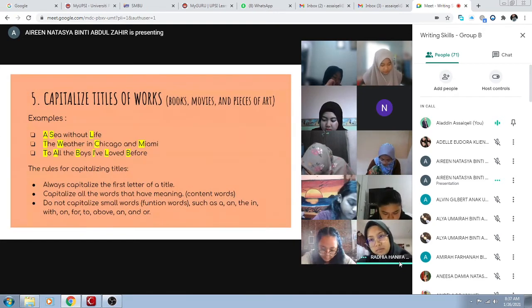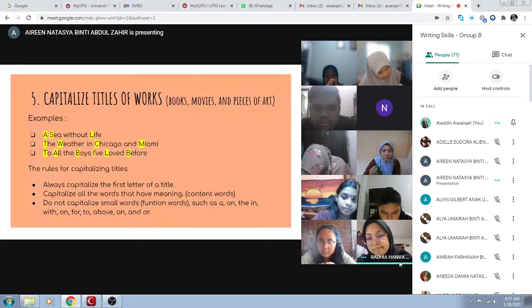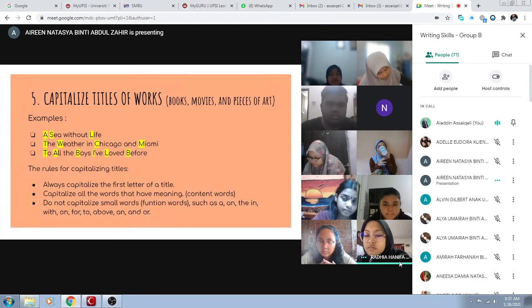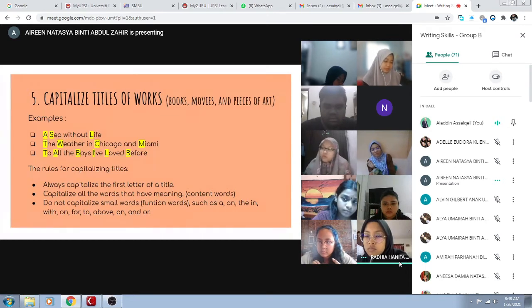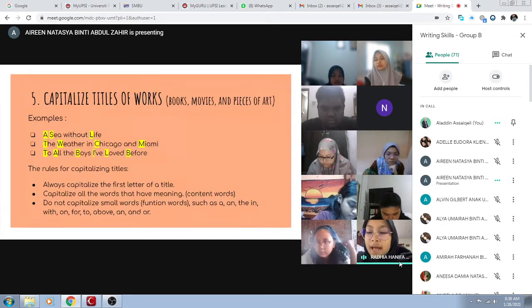This is rule number 3: capitalize proper nouns, whether they are names of cities, of people, of countries, of companies, seas, oceans, etc. The word month, the word M, we need to make it a small letter.